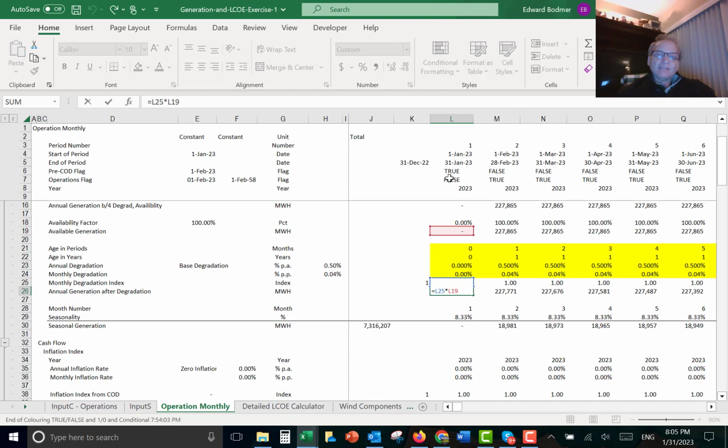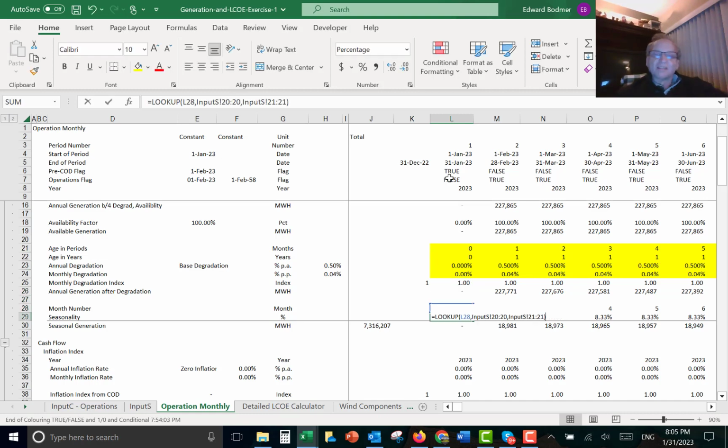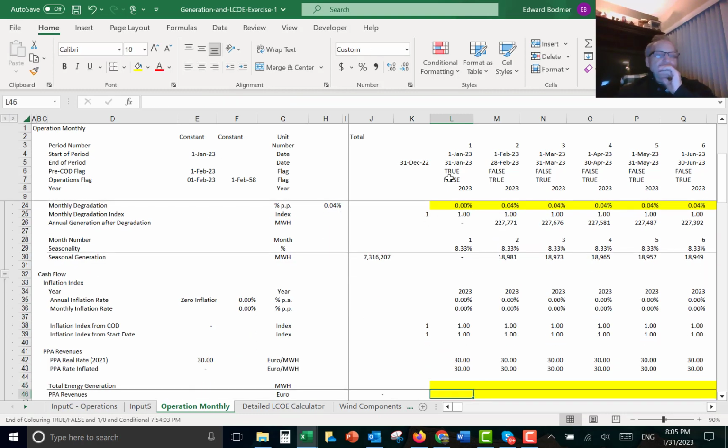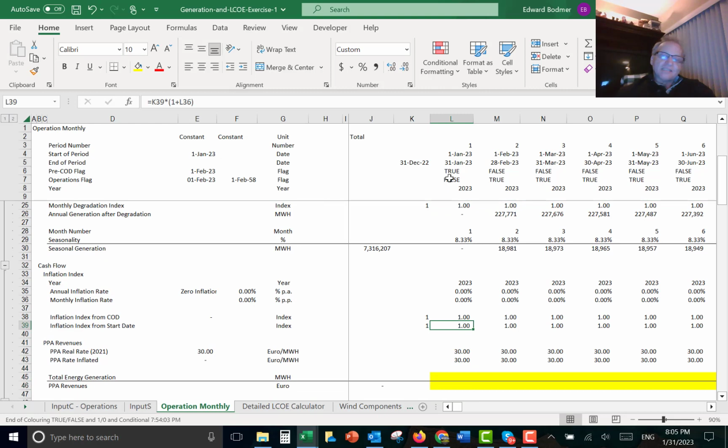Then we multiply the generation by the degradation. Then I put the lookup on the months, which I think I did last time. And then I put some inflation in. I did the inflation in the last video, so I didn't have to do it again. I put a rate in euro per megawatt hour, not per kilowatt hour, so that's where I was completely inconsistent.